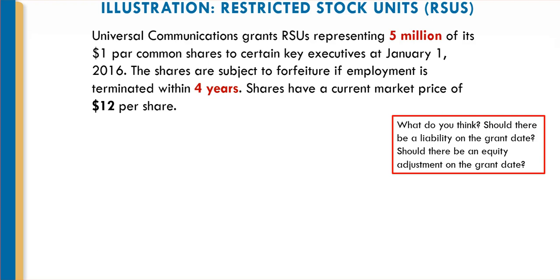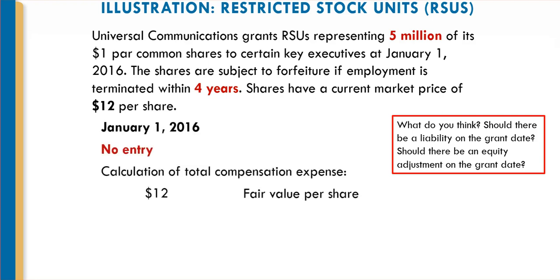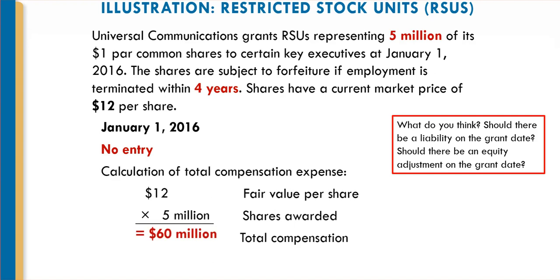The way we do this is we value the compensation on the grant date. So if it says they have a current market price of $12 a share, then we value it on that grant date at $12 a share. So the 12 times 5, or the 60, needs to be spread over the next years.